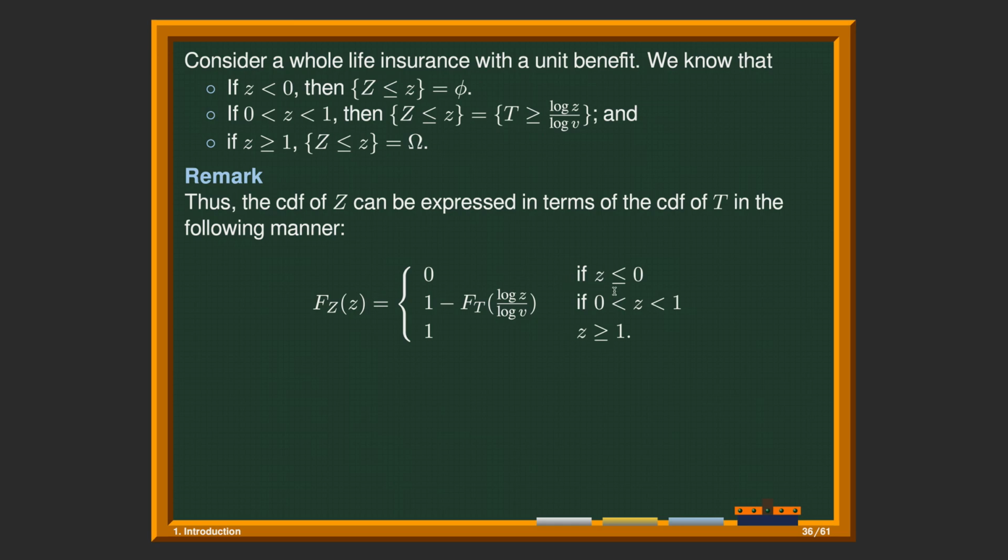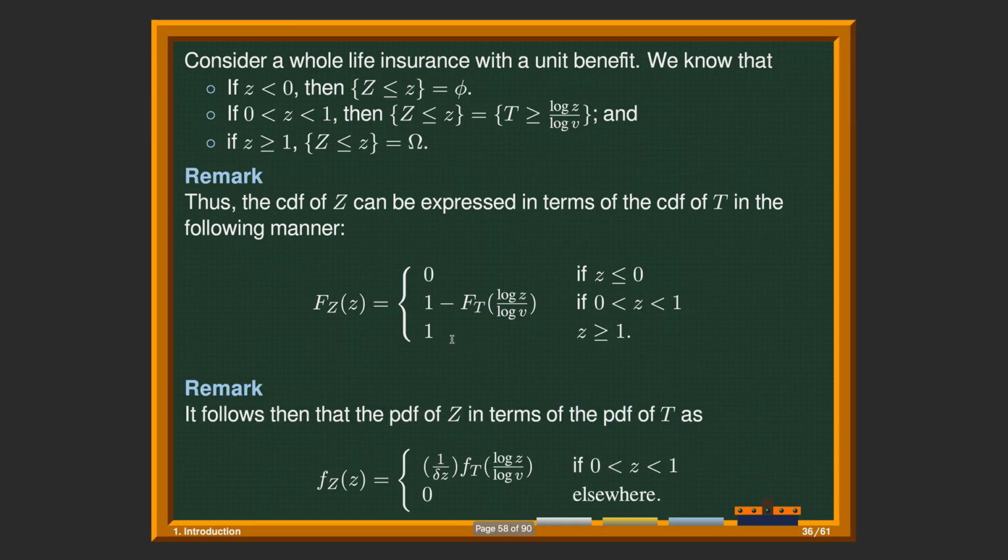So when small z is less than or equal to 0, the CDF is 0. When small z is between 0 and 1, the CDF of Z is equal to 1 minus the CDF of T evaluated at log of z over log of v. And when z is greater than or equal to 1, the CDF is equal to 1.